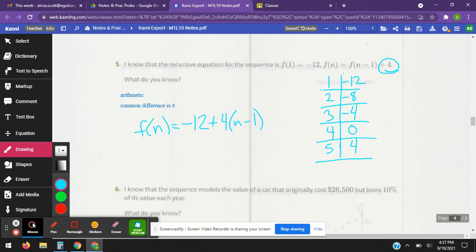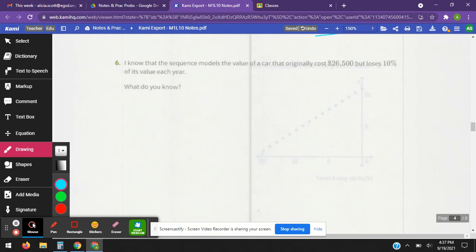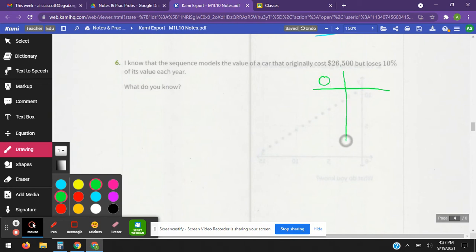I think we only got a couple more here. Number 6. I know that the sequence models the value of a car that originally cost $26,500, but loses 10% of its value each year. Let's start with a table on this guy. The model originally, that's a 0, 26,500.